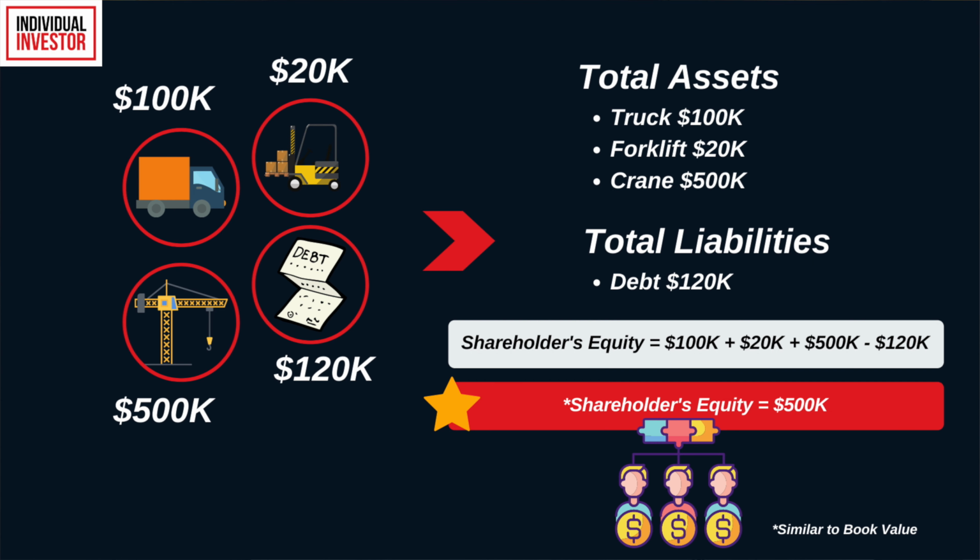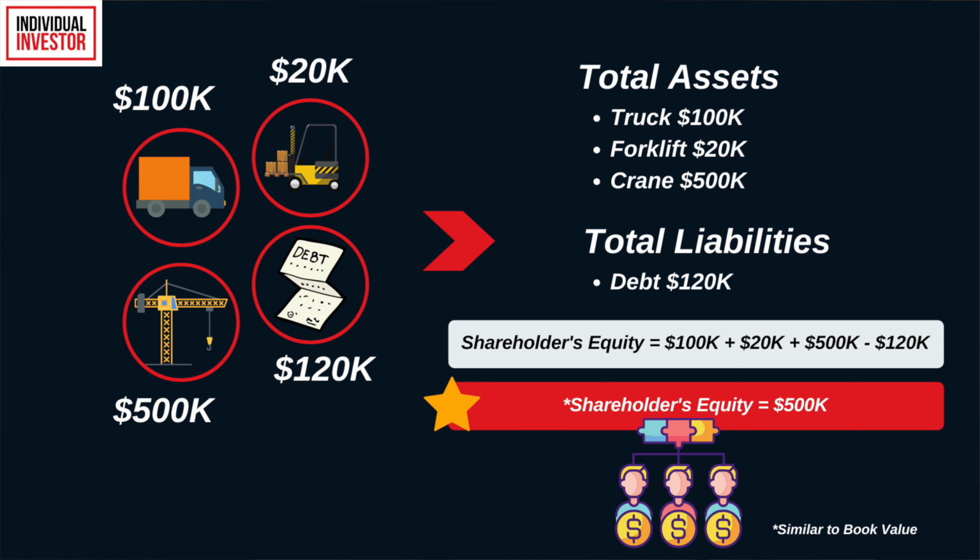So in this example, let's pretend we have a super simple balance sheet with a truck, a crane, a forklift, and some debt. So if we were to sell all the assets and pay off all the liabilities, so basically we sell the truck, the forklift, and the crane, and we pay off the debt, we are basically left with 500K or an equity of $500,000.